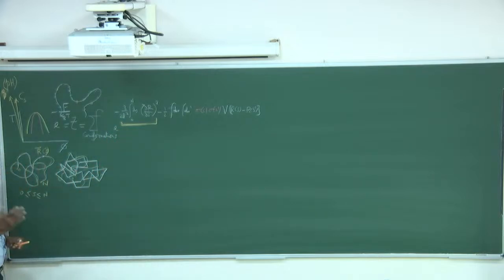And as you know from your elementary statistical mechanics, the probability of reaching the end of the chain, let us assume the other end is here, that is my R, capital N, this is my initial position, 0, somewhere here.